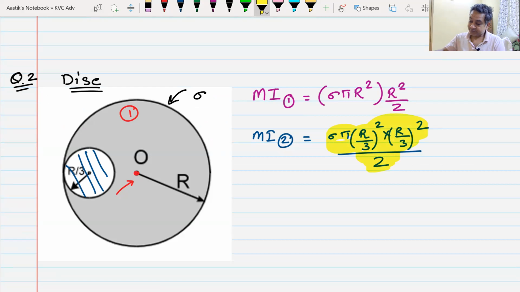Around the center of that small hole. Which axis did we have to find the moment of inertia about? At O. Is it the same? No, sir.